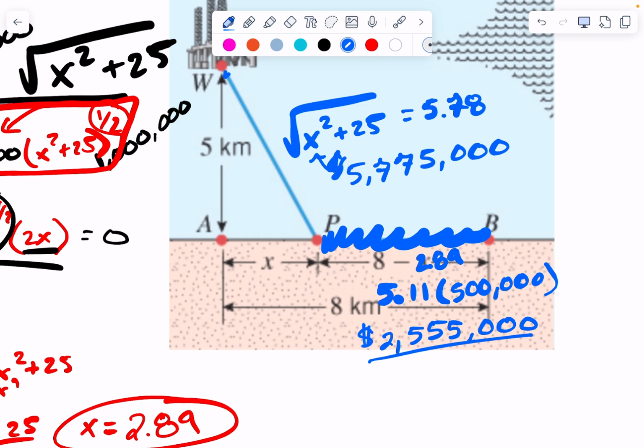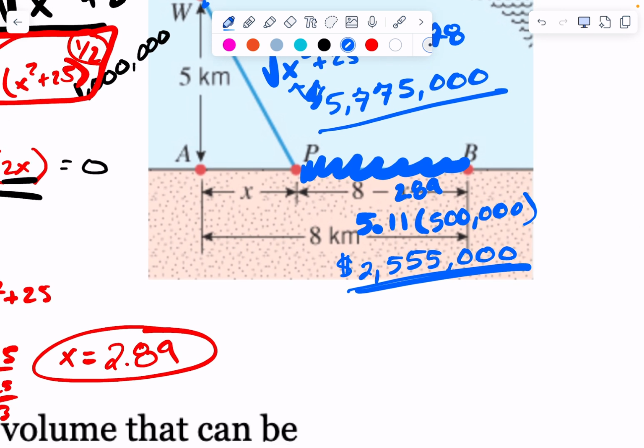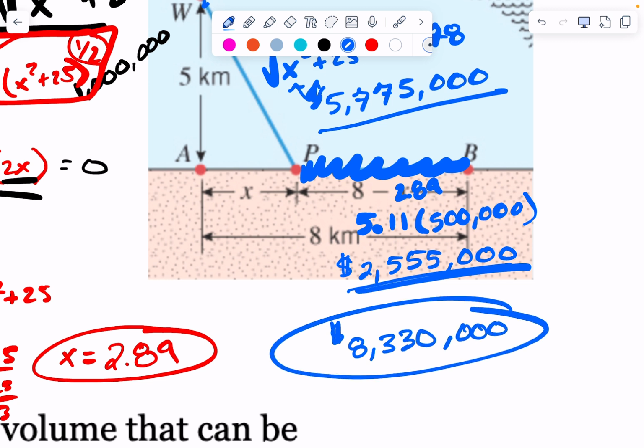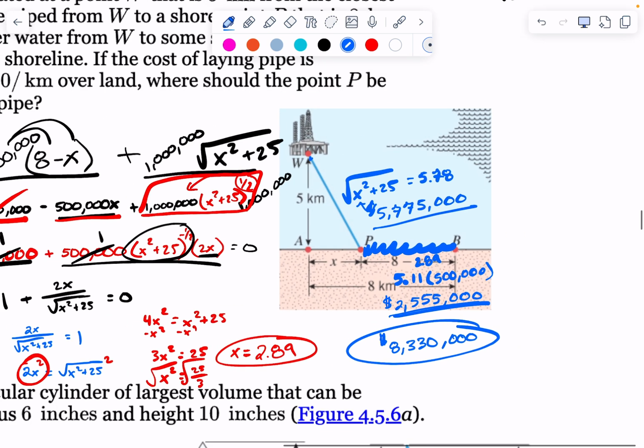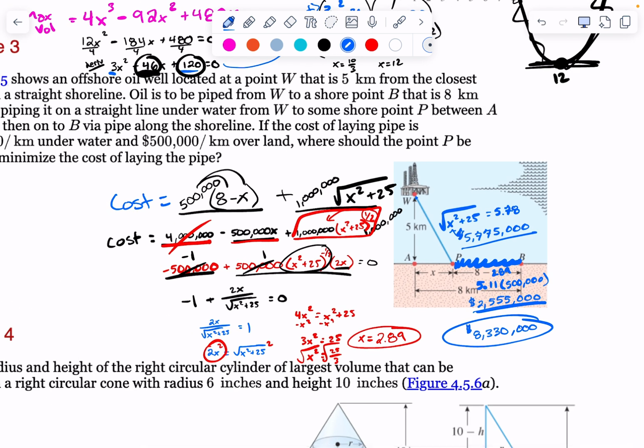Okay. That much plus that much. Ooh, we're above 8 million at this point. Whoa. 330,000. Woo! But that is the cheapest. That's the minimum. Look at all that work for that one thing.